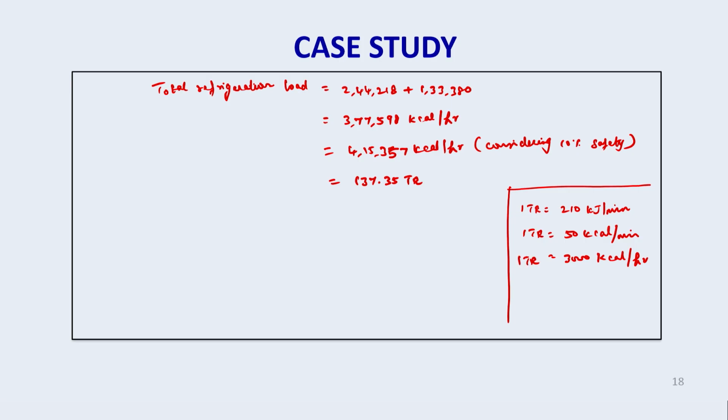Therefore 1 kilocalorie per hour is equal to 1 by 3000 TR, which comes to 0.00033 TR. So when we multiply this, we'll get this value. So this is the total refrigeration load if you are using a direct expansion system.